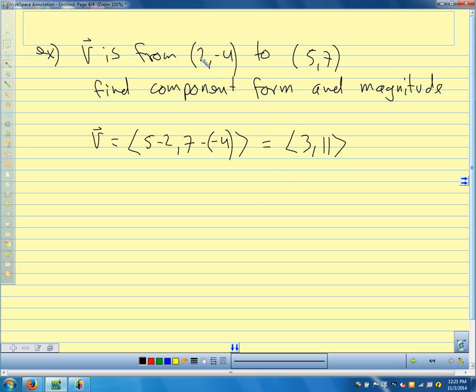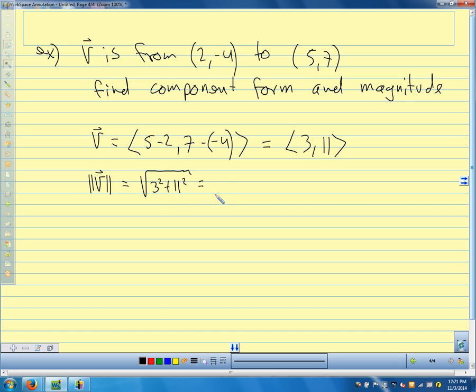And what this is telling me is from 2 to 5, I'm going 3 units in the x direction. And from negative 4 to 7, I'm going 11 units in the y direction. That tells me my direction. And then the magnitude of v, once we have the component form, that's really easy. The square root of 3 squared plus 11 squared.